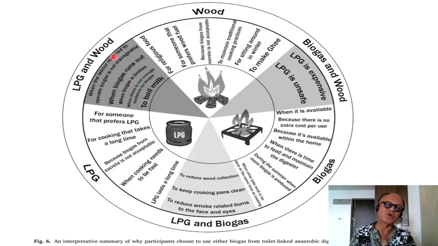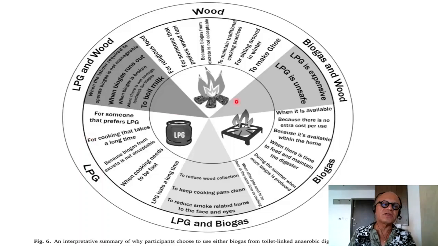I won't go into reading everything, but we are looking at traditional use of wood, biogas and wood, just biogas, LPG and biogas. LPG is liquid petroleum gas. I think it's liquefied petroleum gas that is supplied in cylinders, and just LPG here.